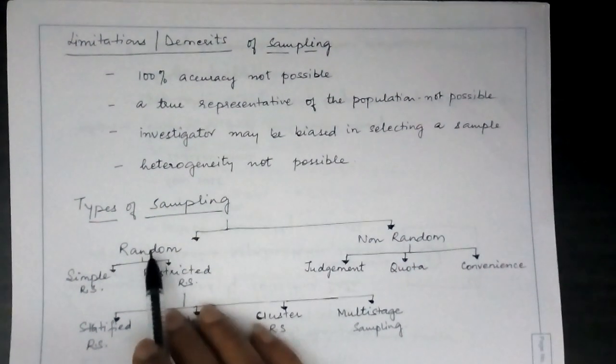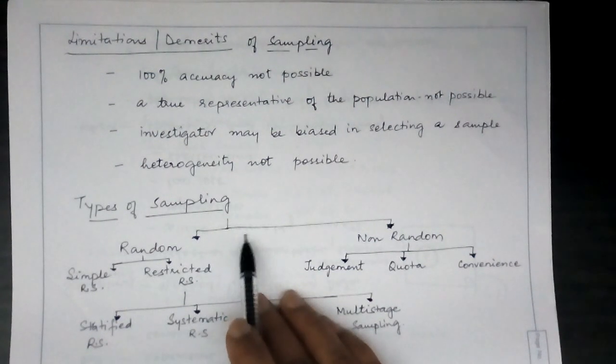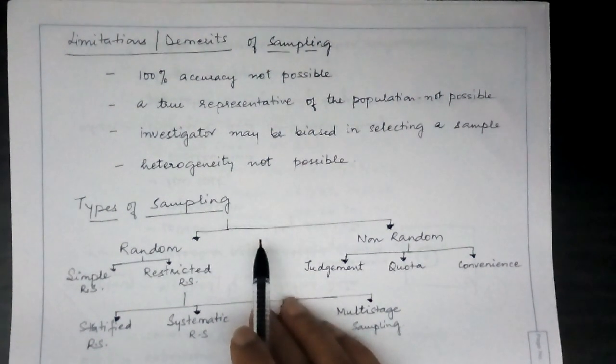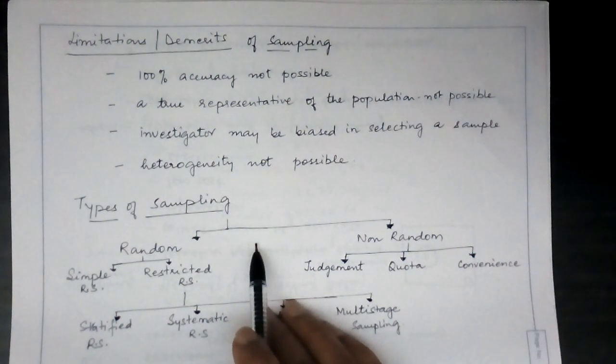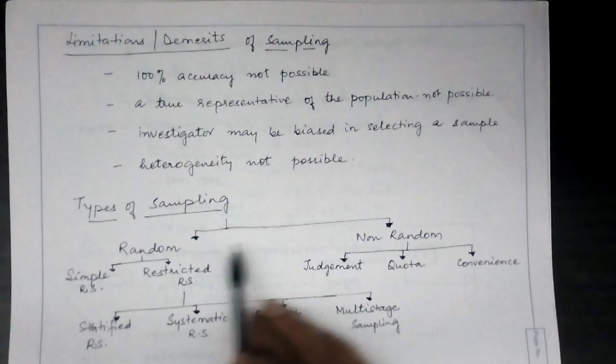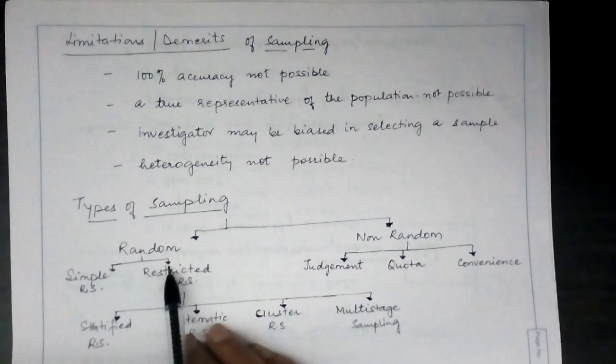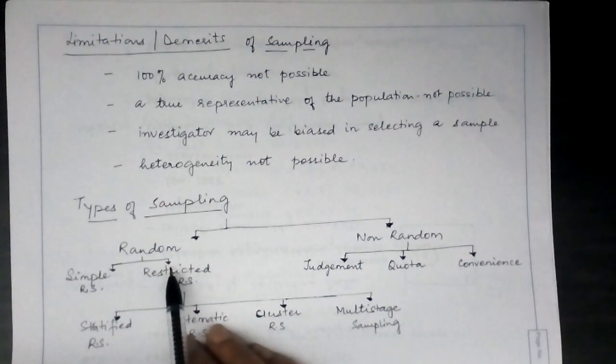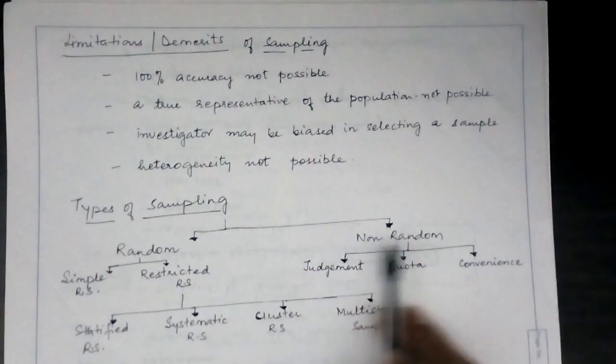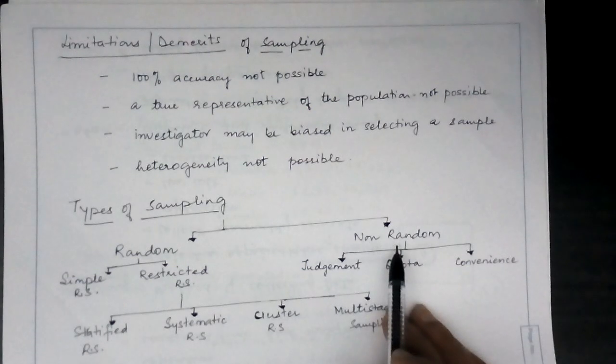Now we have a number of sampling methods since the whole population is not under investigation and only a part of it is involved. So we have random sampling in which each and every item has equal chance of being selected, and the non-random sampling.